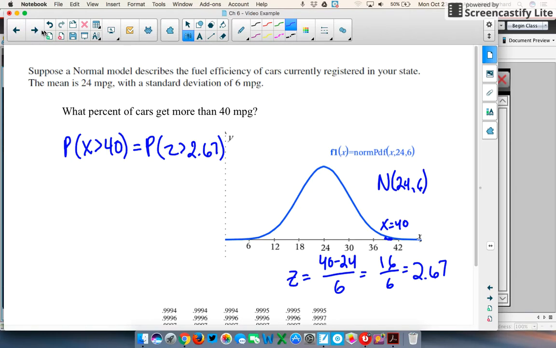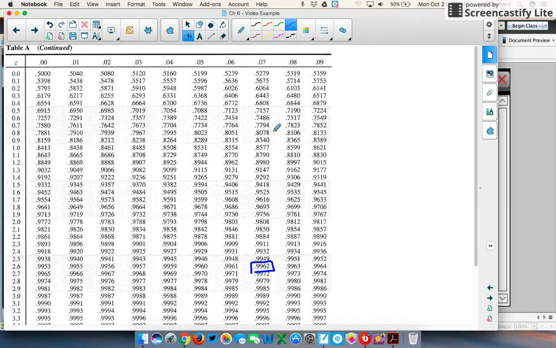If we go back and look at the actual charts, this is always area to the left. So every time we look at a value on the table, it's area to the left. If I want to find the area to the right, it's going to be 1 minus the probability that z is less than 2.67.